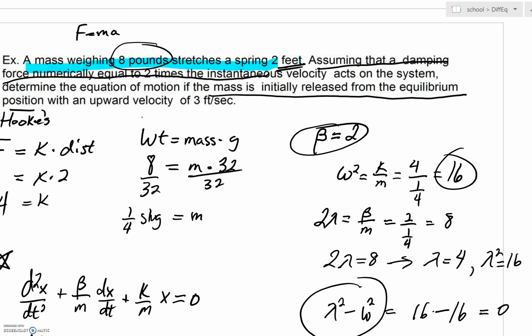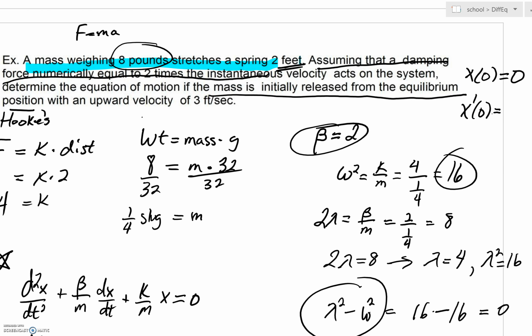That little phrase tells you something: x of 0 equals 0. That's the equilibrium position, when x equals 0. Now, it says you're going to have an upward velocity. So velocity is x prime of 0.